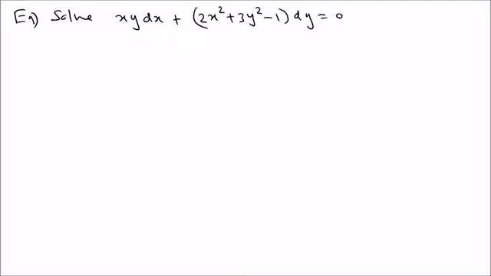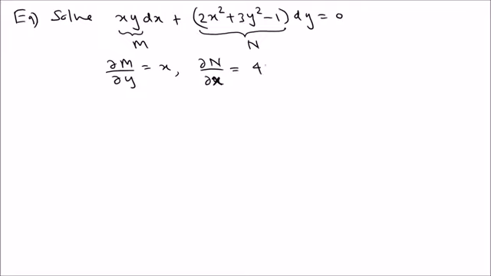We're going to pick this as M and this one as N. Then you can see that ∂M/∂y is x, and ∂N/∂x is 4x, and they are not equal.